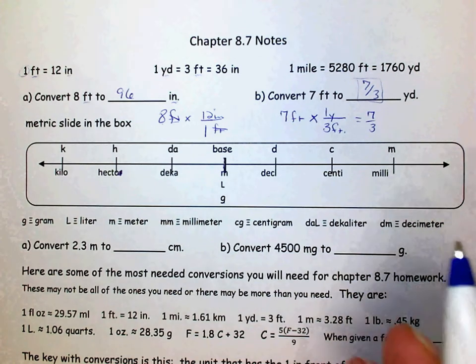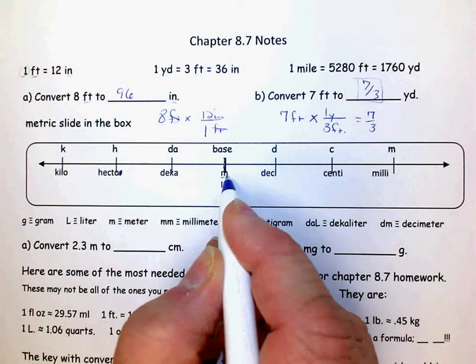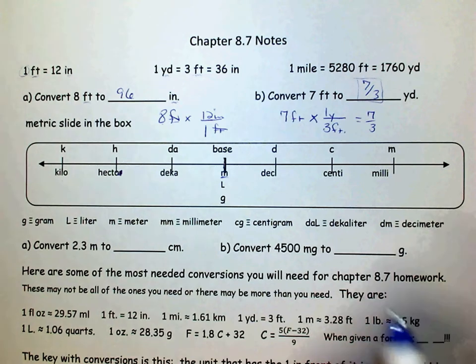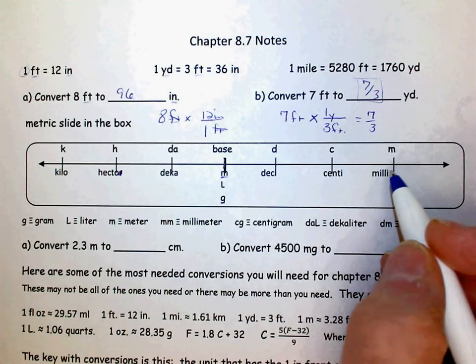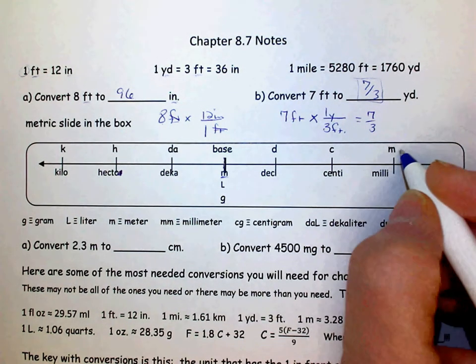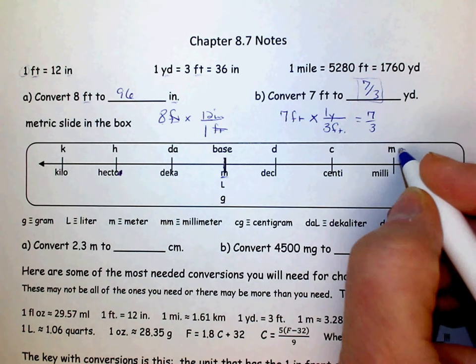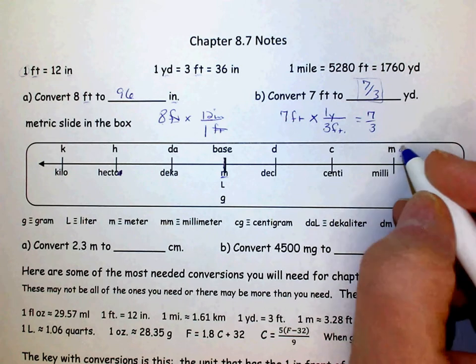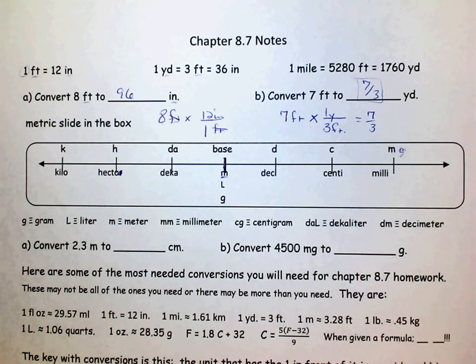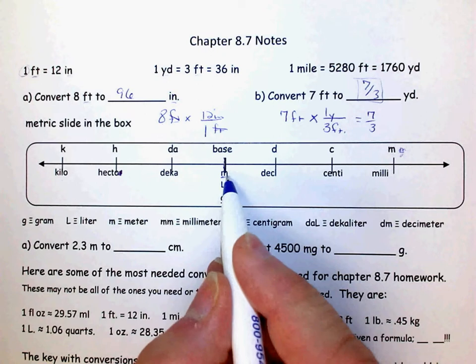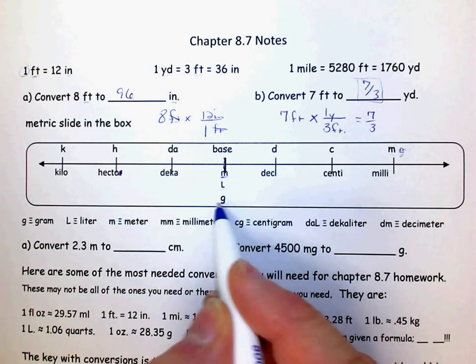So when you only see one M, it's meter, which is under base. So if you see MM, that would be millimeters, mg would be milligrams, ml would be milliliters. So your base is meters, liters, and grams.